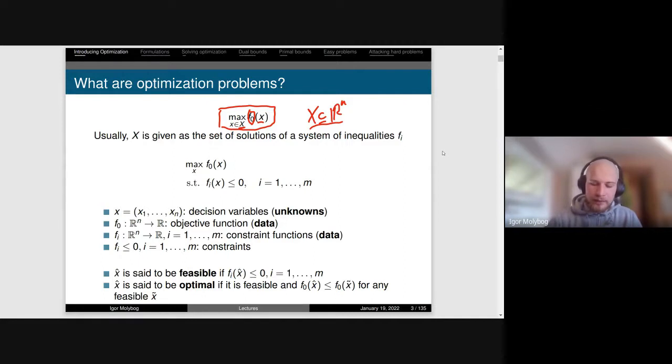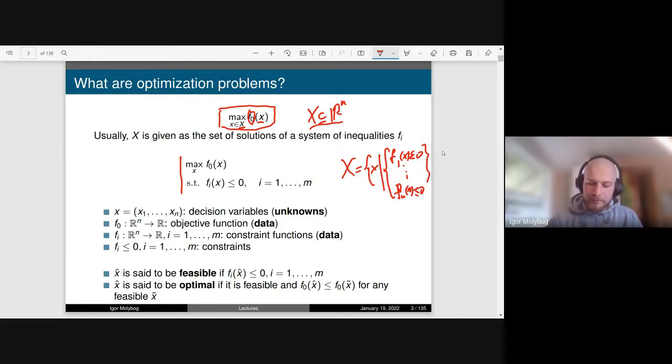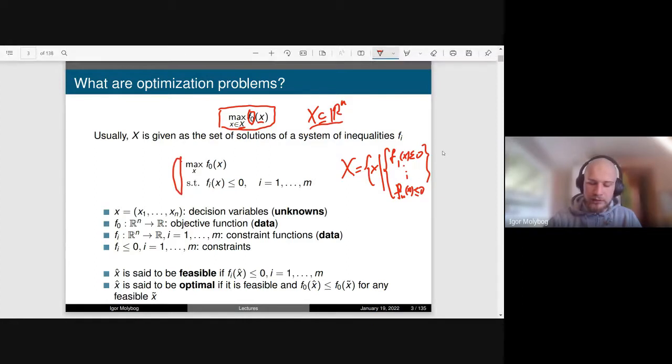When we write down an optimization problem in this form, we imply that the set X is given to us through a set of inequalities, so it's the set of x's such that all of the inequalities are satisfied. This notation is equivalent to that notation if we substitute X of this form.